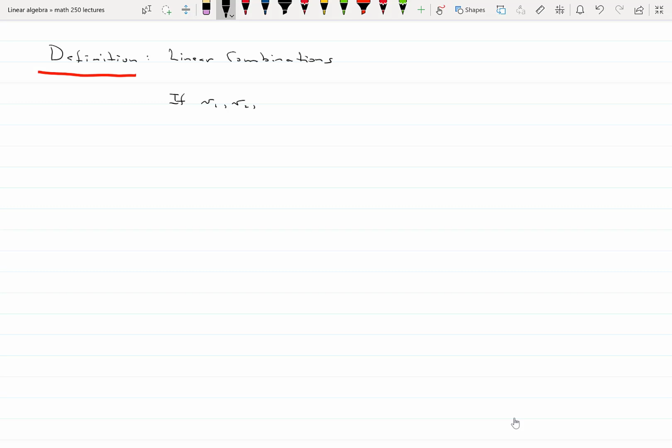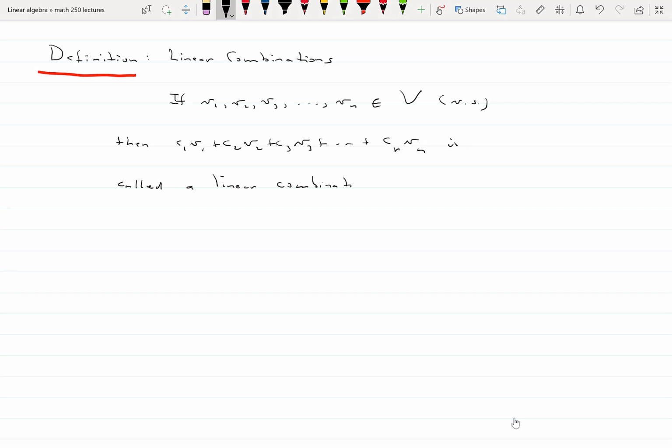If v1, v2, v3, all the way up to vn are elements of V, which will be a vector space, then c1 times v1 plus c2 times v2 plus c3 times v3 plus ... all the way up to some cn times vn is called a linear combination of the vectors v1, v2, all the way up to vn, where the c's, c1, c2, all the way up to cn, are some scalars.